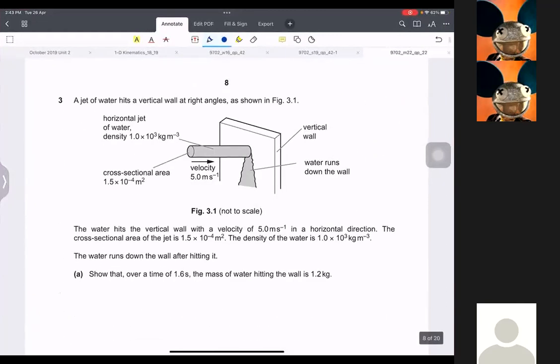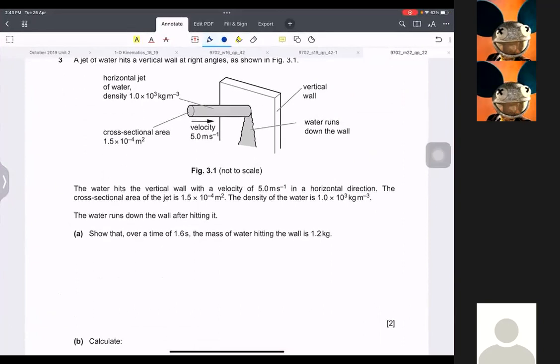It says a jet of water is directed horizontally. There is water density and cross-section given. Show that over time, the mass of water hitting the wall is this. Fine, I think we can do this.